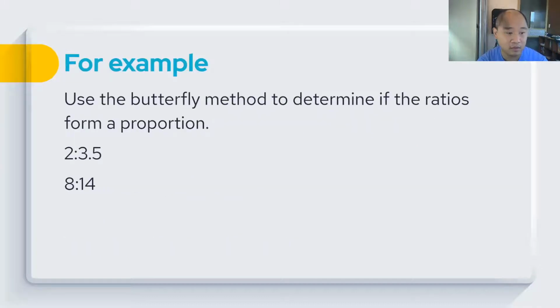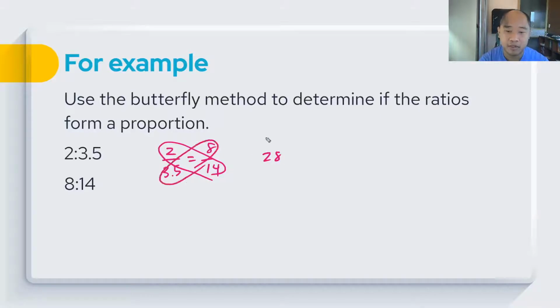For example, use the butterfly method or the cross products method to determine if the ratio forms a proportion. So here we have 2 and 3.5, and we want to know if that's proportional to 8 and 14. So we could multiply 2 and 14, and that would be 28.